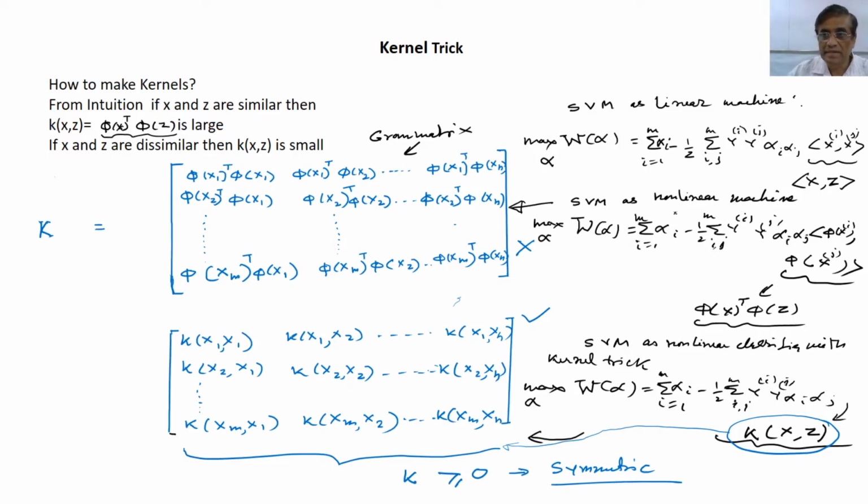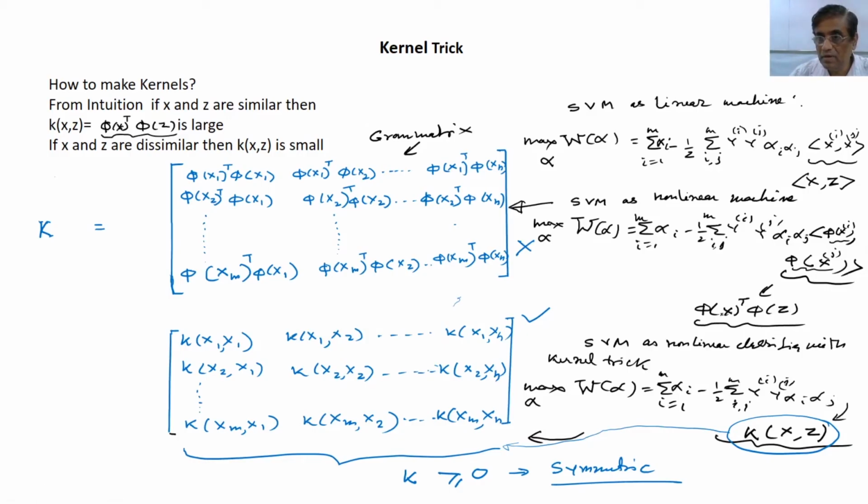Now, for a support vector machine as a nonlinear machine, if you try to train using an algorithm like SMO, then you have the objective function which you need to maximize with respect to the Lagrangian multiplier alpha, and then the dot product of x_i and x_j is replaced with the feature mapping function, phi x_i transpose phi x_j.